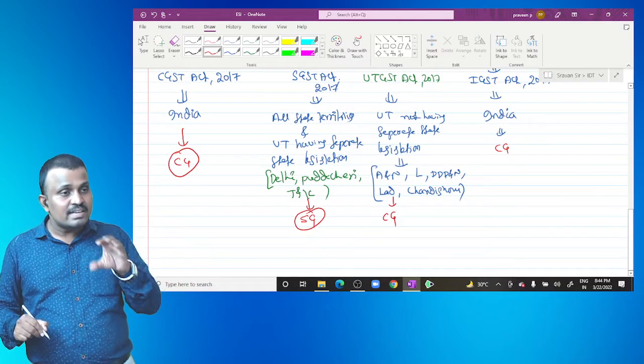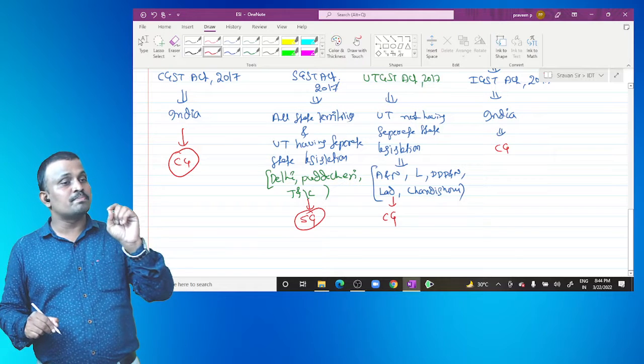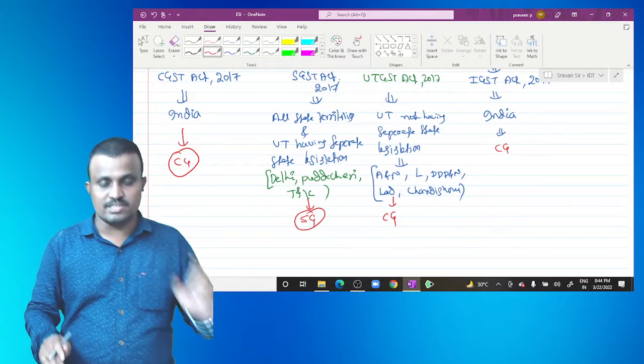That's why the GST adopted in India is considered a dual GST.